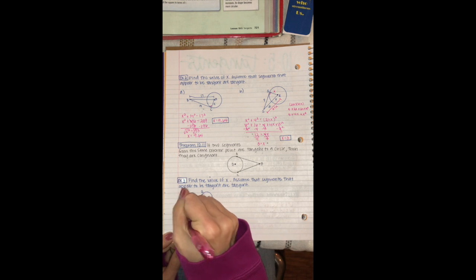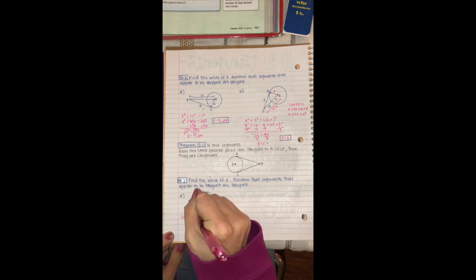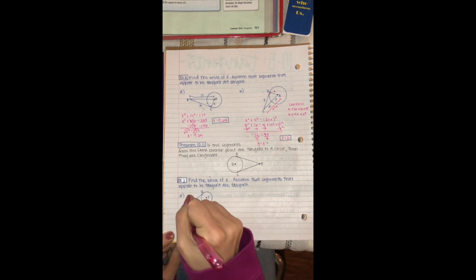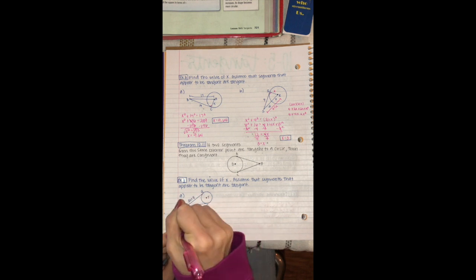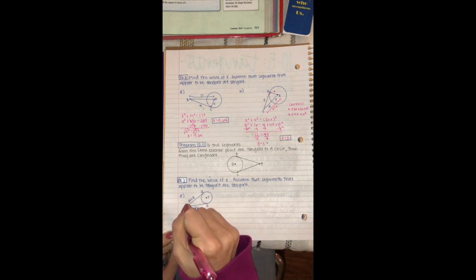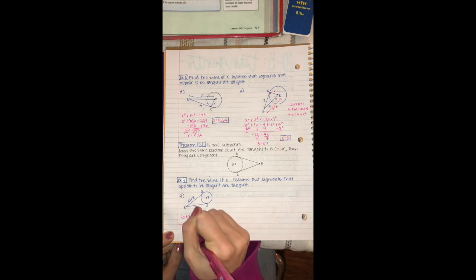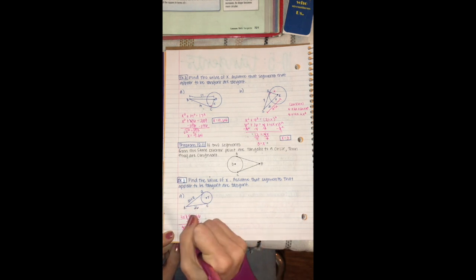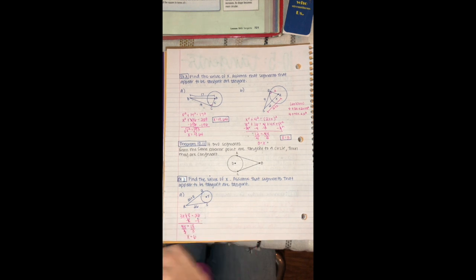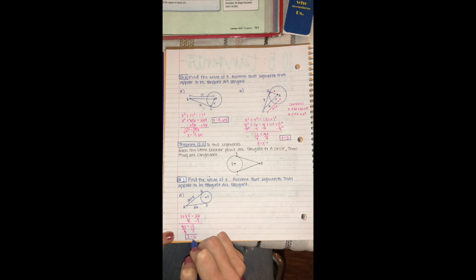So we have 3x plus 8 equals 26. Subtract 8. And we have 3x equals 18. Divide by 3. X equals 6. So our answer for example 3a is just x equals 6.